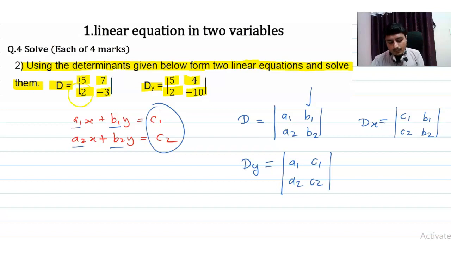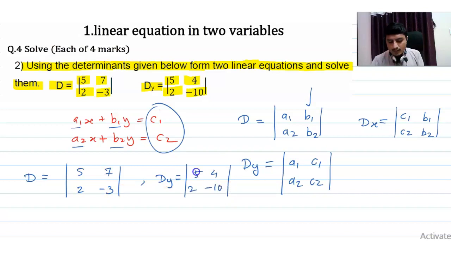Now once we compare the given values a1, b1, a2, b2, c1, c2 with the given values of D and Dy, we have D of the form 5, 7, 2, minus 3 and Dy of the form 5, 4, 2 and minus 10.